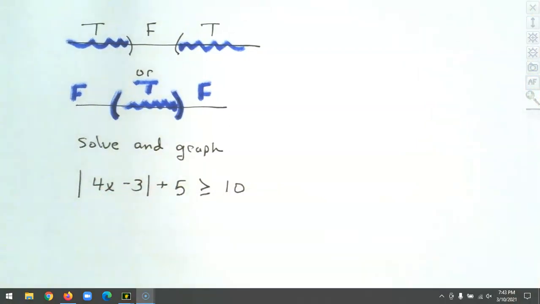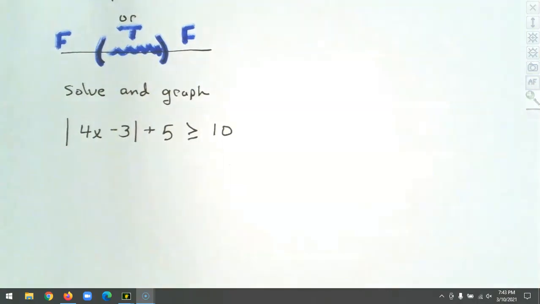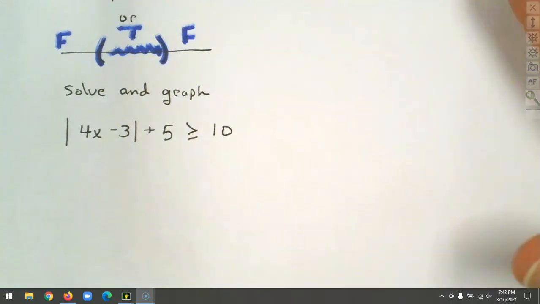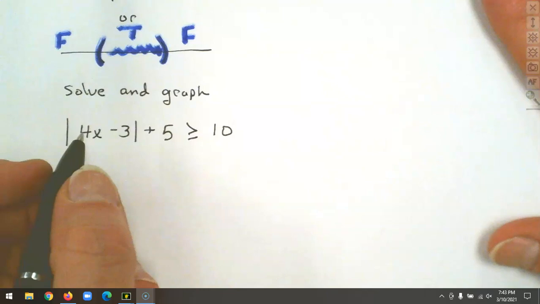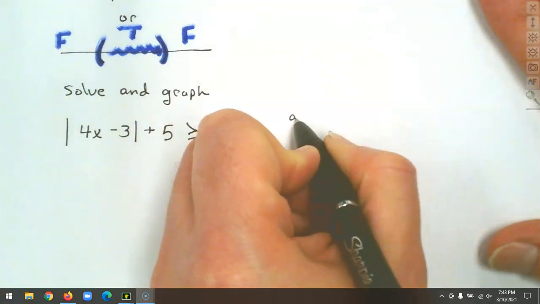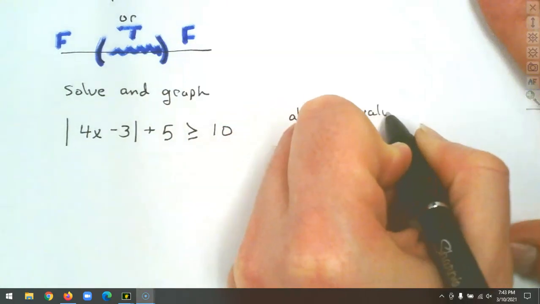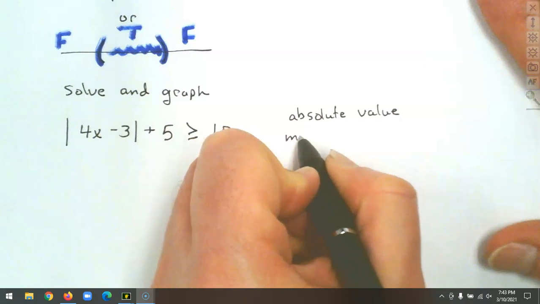Okay, so we're going to try and solve and graph this one. The very first thing that we have to remember is to move that 5 over, because the absolute value must be all by itself or alone on the left. So just remember that. The absolute value must be alone on the left.